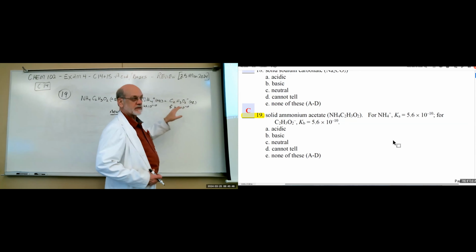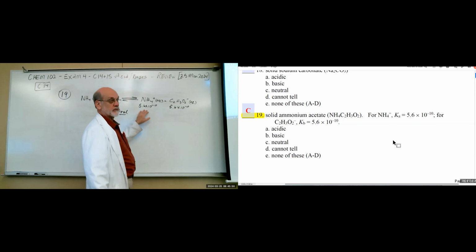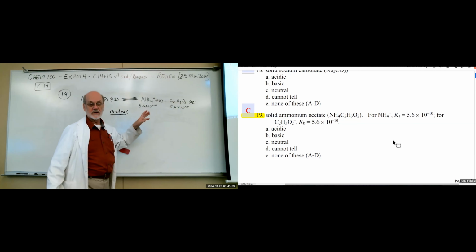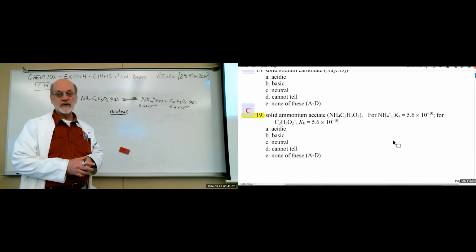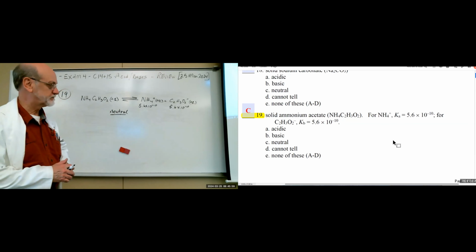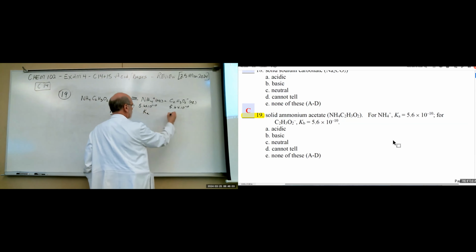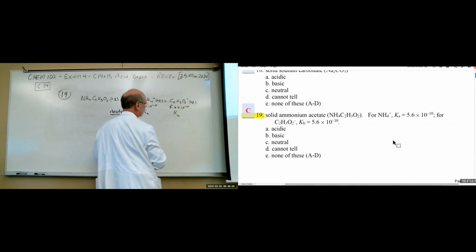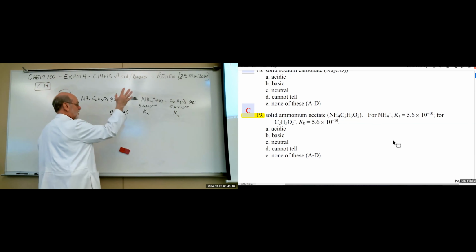But it would produce hydroxyls, and that would be a basic solution. But if this one were larger, it would produce an acidic solution. In this case, they're both equal. So the solution is going to be neutral. There's a competition there. This is Ka, and this is Kb. That gives you an idea about their strength as an acid or as a base.